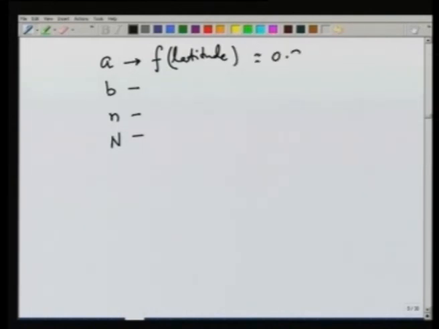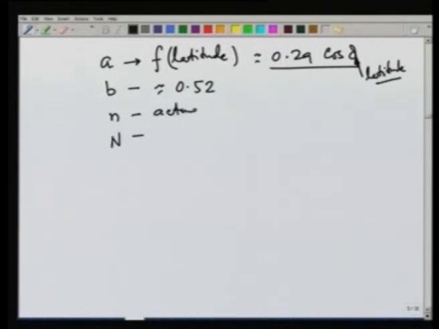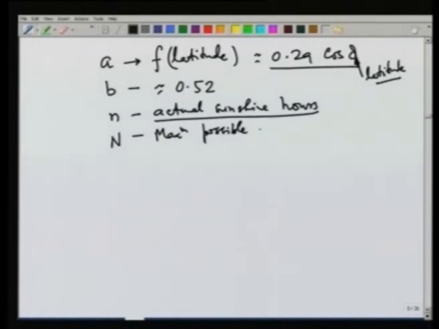There are some constants used in this equation, for example, a, b, n and capital N. These are some constants which have been defined by Penman's equation. a is a function of latitude and typically given by about 0.29 cosine of phi, where phi is the latitude. b is generally taken as a constant and around 0.5 or 0.52 is the value. n is the actual sunshine hours, so, number of actual sunshine hours, and capital N is the maximum possible sunshine hours.